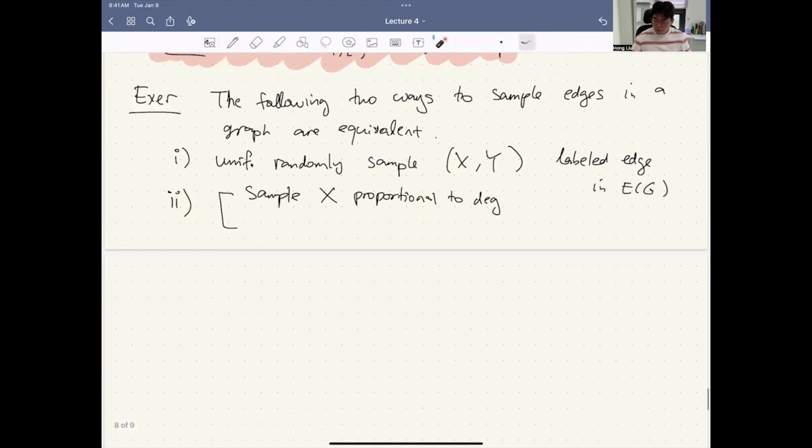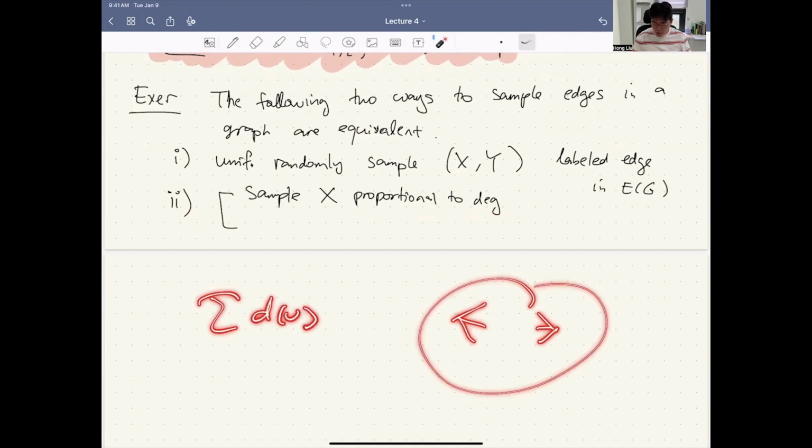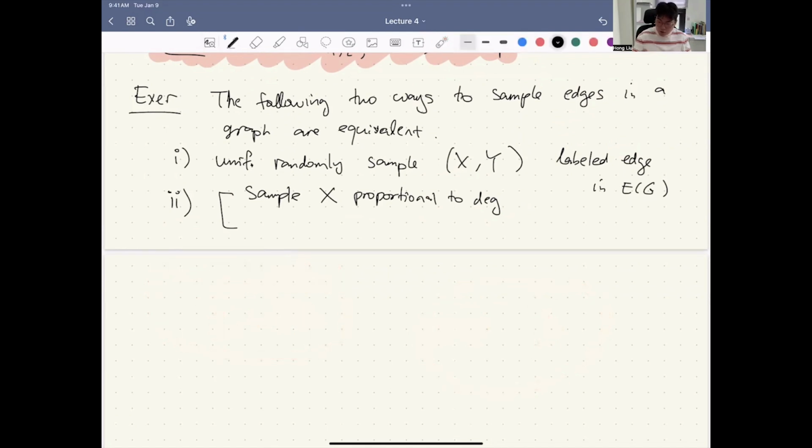If you have a graph, we know the sum of degrees, and for each vertex v, you sample v as x with probability equal to the degree of v over the sum of all degrees.